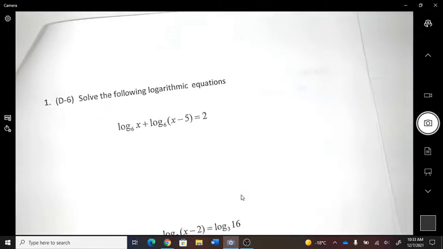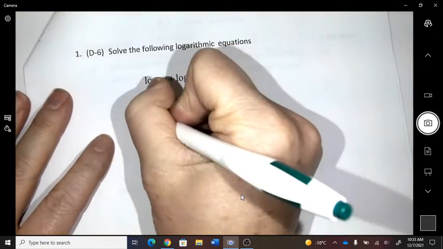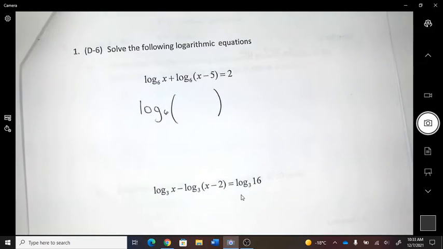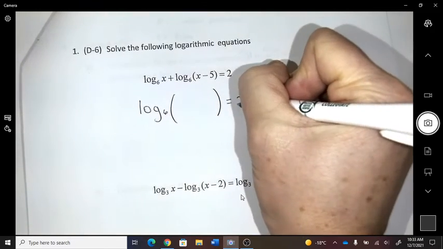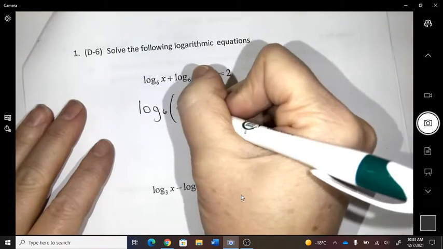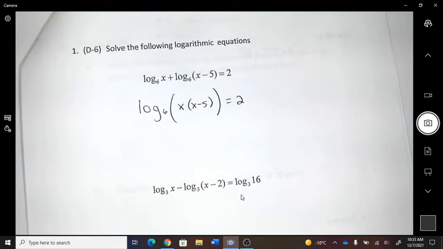Okay, solving this log equation. The first thing I'm going to do is put the separated logs back together, because they're both a log 6, so I can put them back together. They separated with adding, so they're going to be multiplied together.